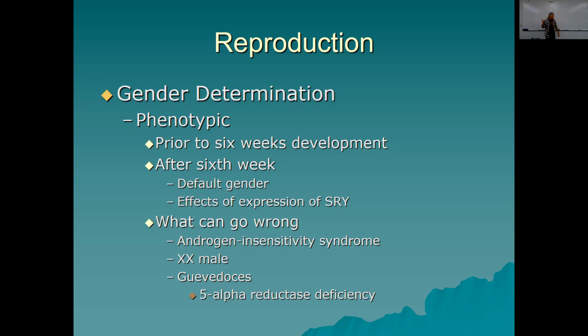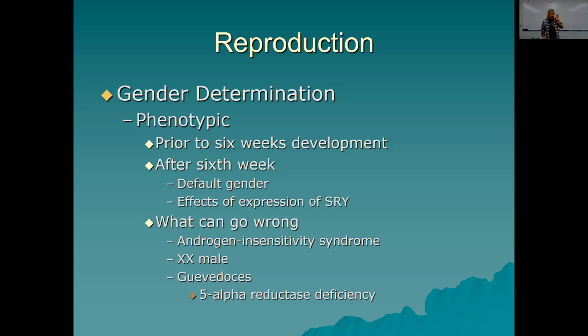What can go wrong? There's a couple, and this is discussed a little bit on page 1142, but not too much. Something called androgen insensitivity syndrome. Actually, there's going to be a couple of ways that this could happen. But the most common way is called androgen insensitivity syndrome.